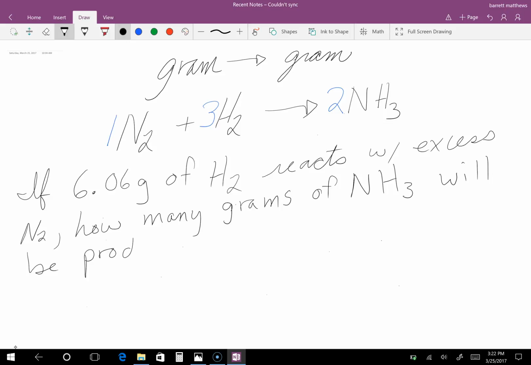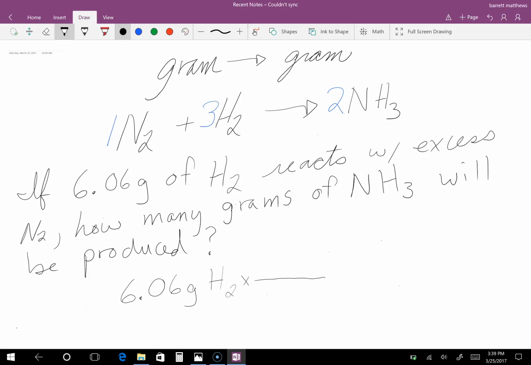So this is another gram to gram conversion. I can see I'm asked for grams and I am given grams. My first step will be to write my given: 6.06 grams of hydrogen.